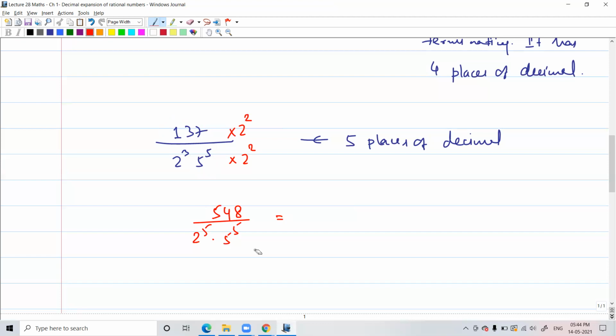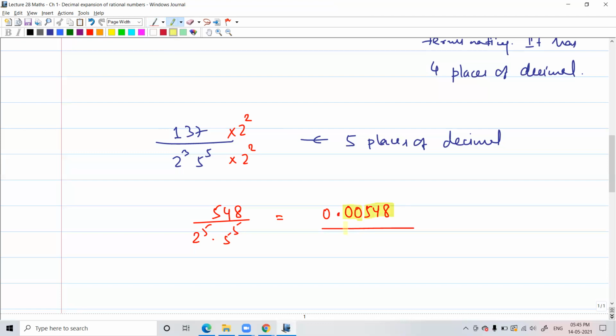And then no need to do any conversions. You know that it will be 10 to the power 5. So the decimal will be before 5 places. So just write 548 and then make sure that there are 5 places of decimal and put a decimal before that. So it should be 0.00548. So tell me if you people understood this.